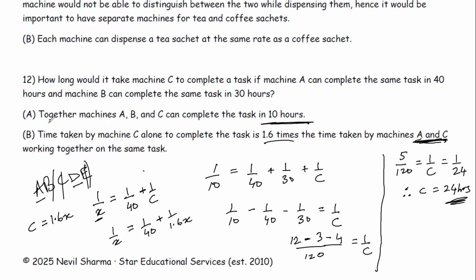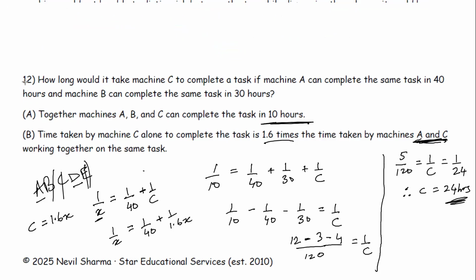So I'm going to use the space on the top. This 1 by x is equal to 1 by 40 plus 1 by 1.6x.